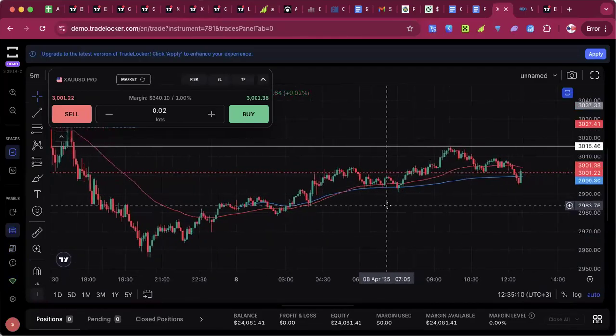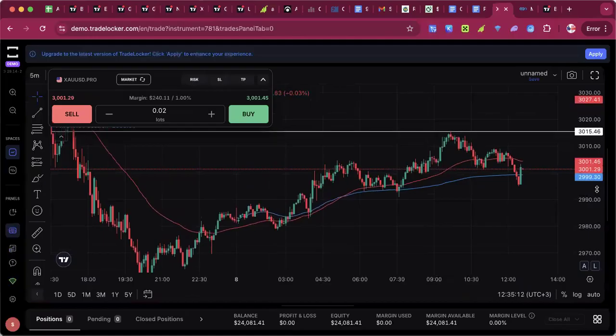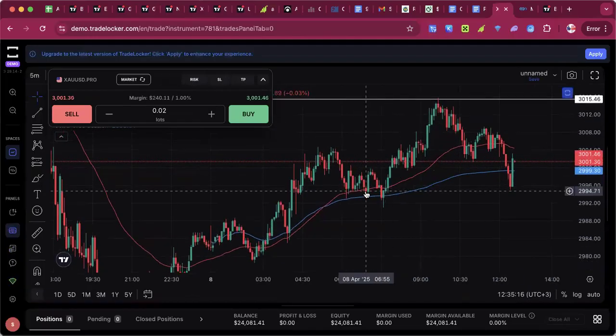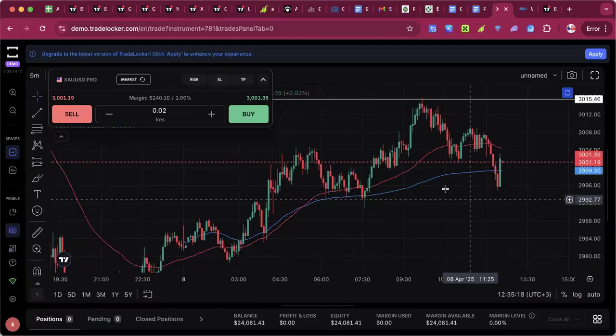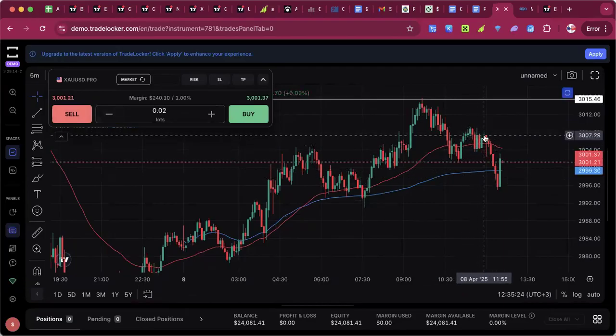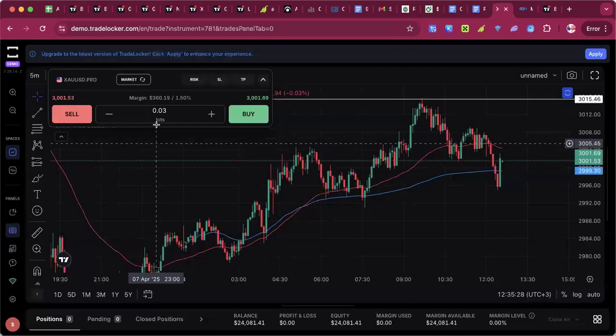All right, so here is gold. I can use 0.02, though I'm supposed to get to a much better level to do that, or 0.03, depending.